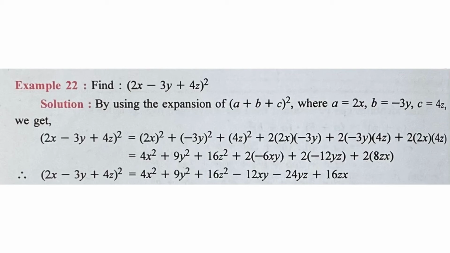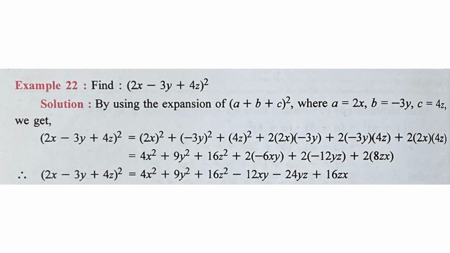Now applying identity, we get (2x - 3y + 4z) whole square is equal to (2x) whole square plus (-3y) whole square plus (4z) whole square plus 2 into 2x into minus 3y plus 2 into minus 3y into 4z plus 2 into 2x into 4z.